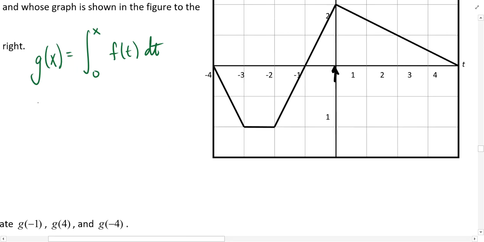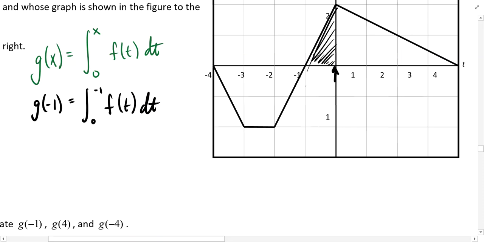But g evaluated at -1 would be the integral from 0 to -1 of f of t dt. And so we're essentially trying to calculate the area in this region starting from this position here at 0 and going towards this position here at -1.